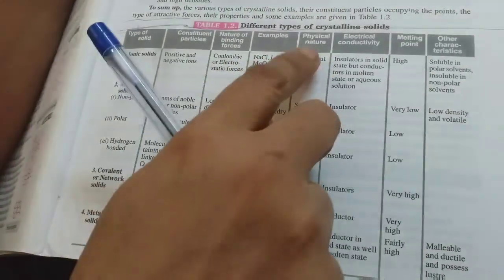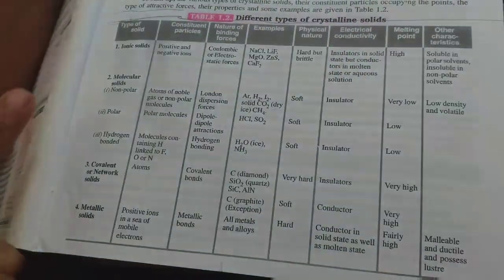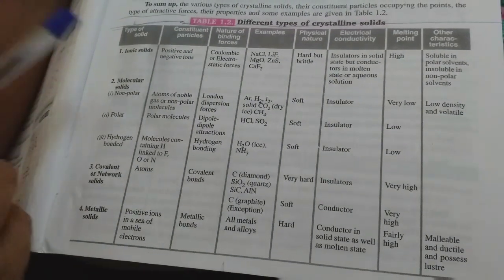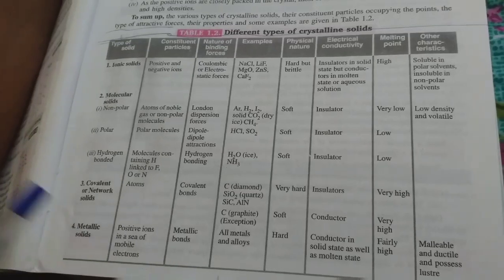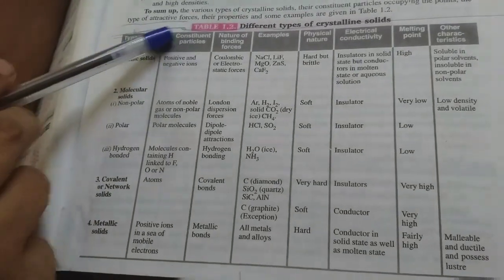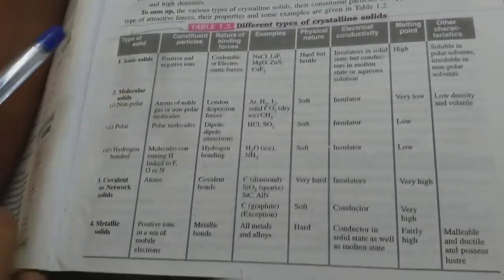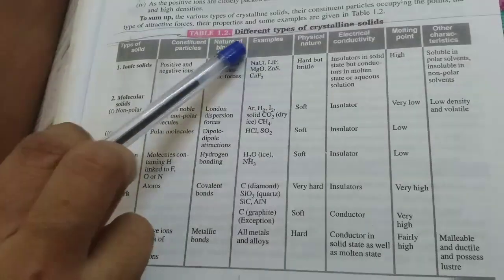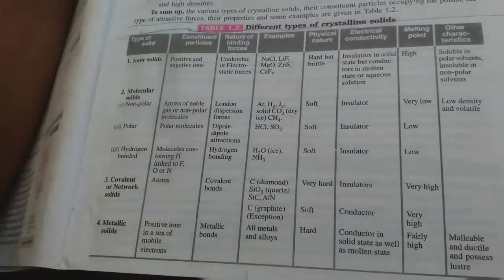It is a recap again on crystalline solids classification. Crystalline solids are classified into four types, as I told already: ionic solids, molecular solids, covalent solids and metallic solids. What type of particles are there in ionic solids? The constituent particles are in the form of positive and negative ions. The binding force between the ions is the Coulombic or electrostatic force.